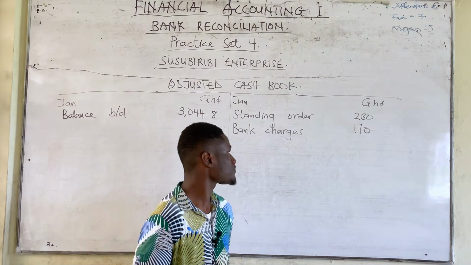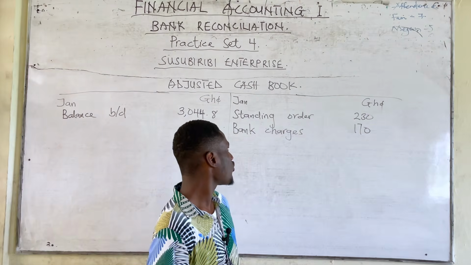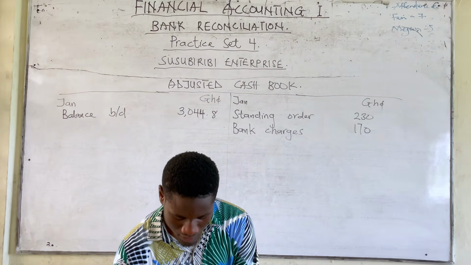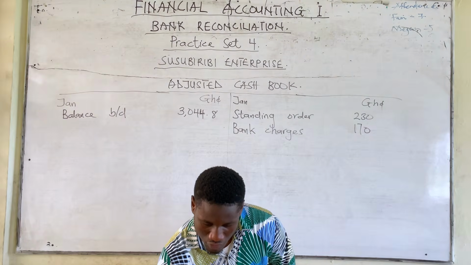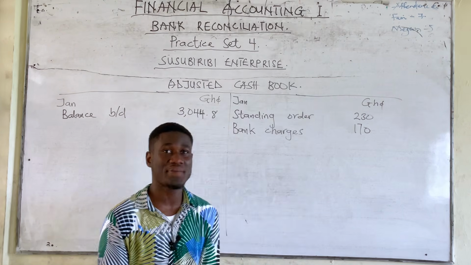Okay, because that information maybe was not available, or we were not able to recognize and record that charges deducted by the bank. Good. So we'll check the same debit side. We first have to check the debit side, then compare with the credit side.